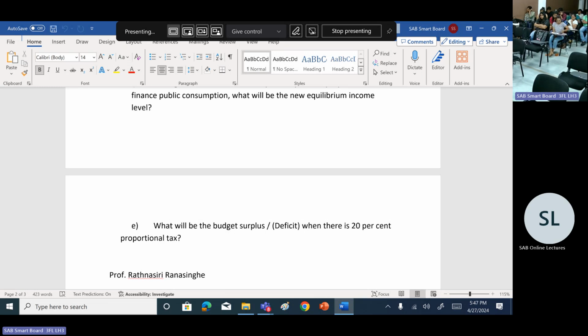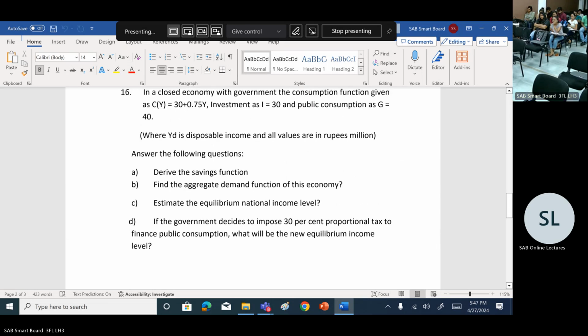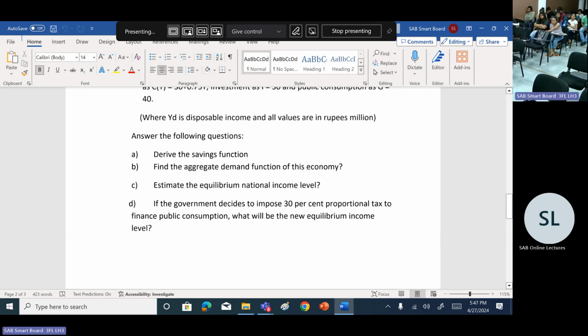Once you find the equilibrium, you can take the total tax revenue, 0.3 times y, the equilibrium. You take the revenue, and the expenditure is given, 40. The difference is the budget surplus or deficit.